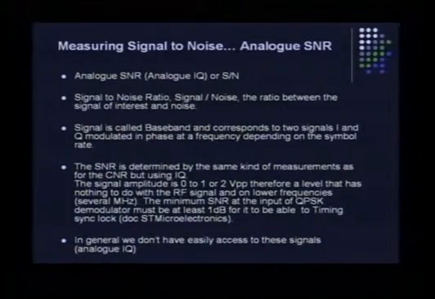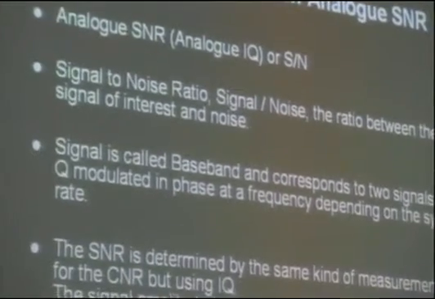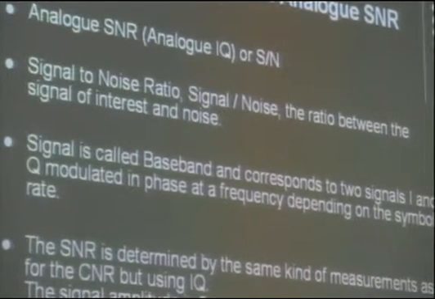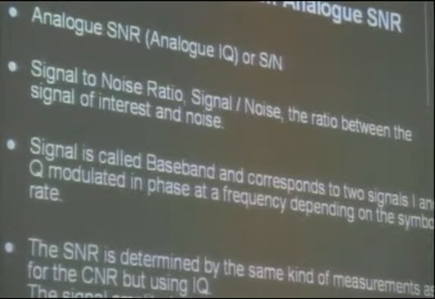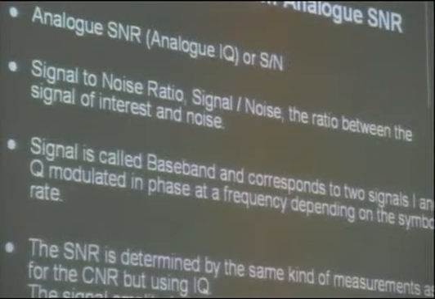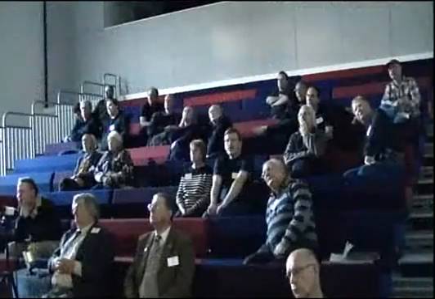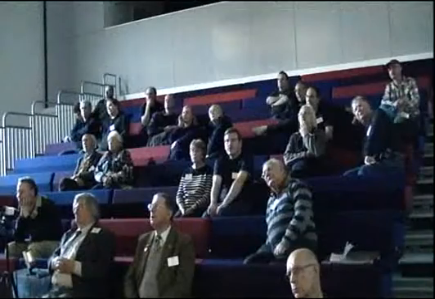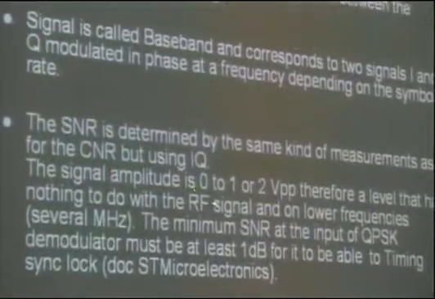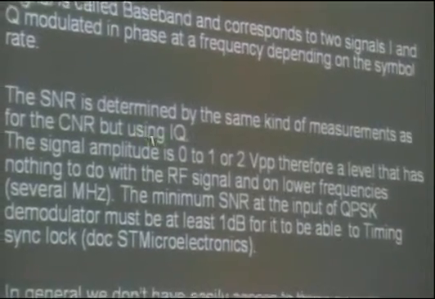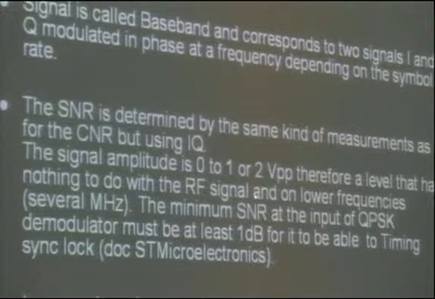The analog SNR on IQ, it's the same kind of measure, but you can't do it because you don't have IQ signals. I just can say that for IQ, the amplitude is between 0 and 1 volt, or 0 and 2 volts.